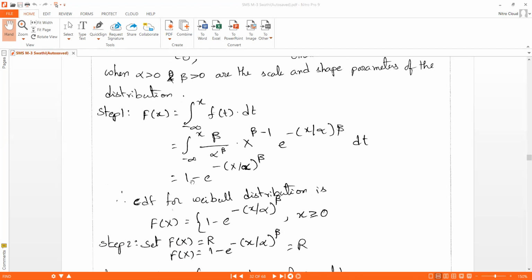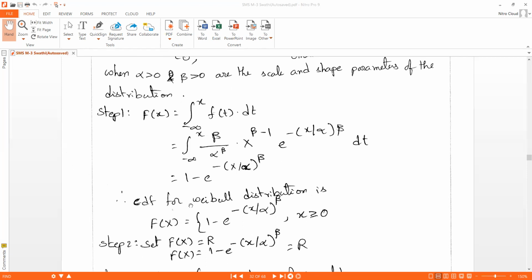If you integrate this, we get F of x equal to 1 minus e power minus (x by alpha) power beta. Therefore, the CDF for the Weibull distribution is F of x equal to 1 minus e power minus (x by alpha) power beta, when x is greater than or equal to 0.